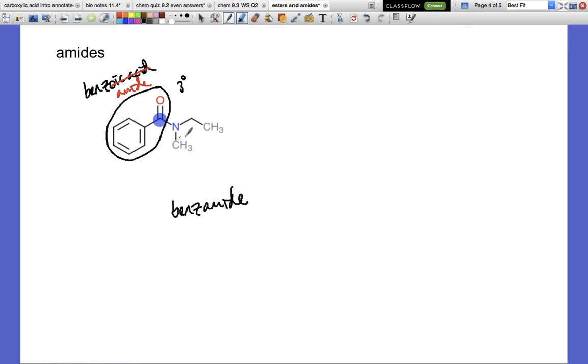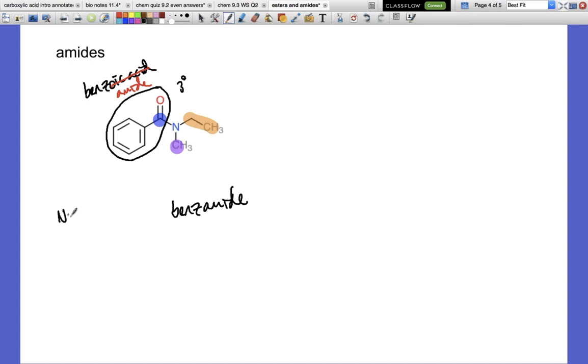Whereas I still have a couple carbons attached to that nitrogen, and I have to name those parts appropriately. Now remember, these 2 things are different, so I can't use a di or just name it once, obviously. I got an ethyl and I got a methyl, and I got to use alphabetical order, and I have to show where those things are attached. Both things are attached to the nitrogen.